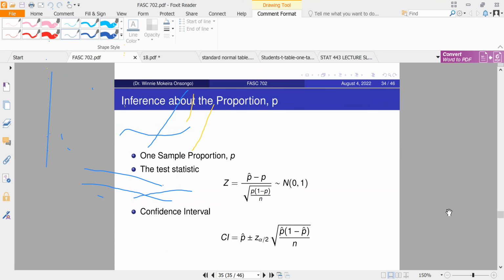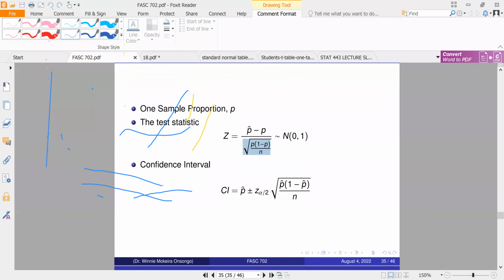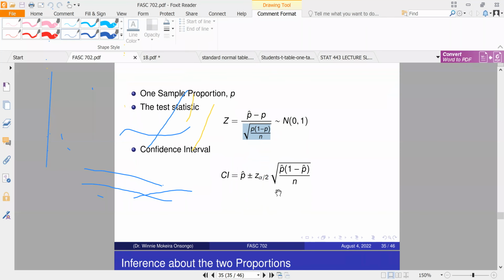That is what we have here: normal with mean P, where P is the population proportion, and that corresponding standard deviation. That is the sampling distribution. Once you know the two, you have the confidence interval for the population proportion of one population.